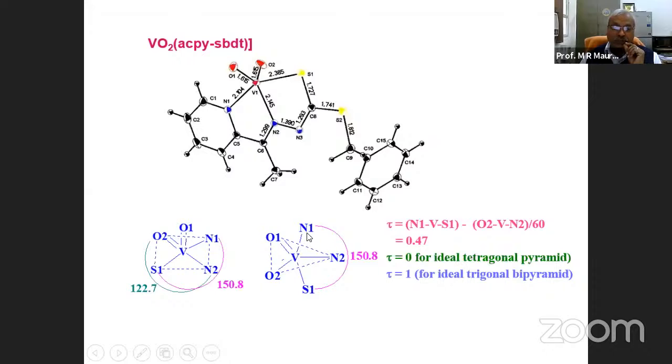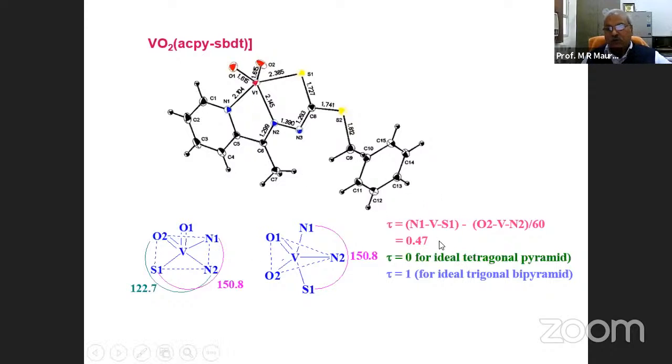You see what the different structure is when we consider the N-V-S angle and N1-V-S and nitrogen, vanadium, oxygen bond. Okay, so this way we could show that.